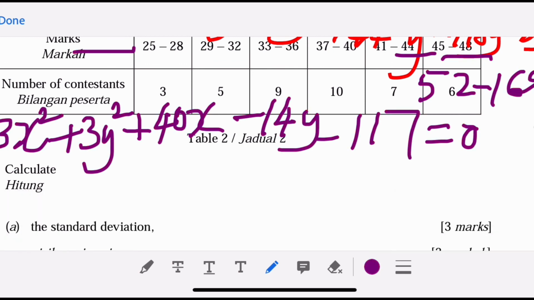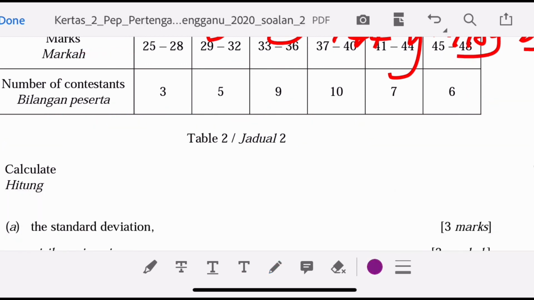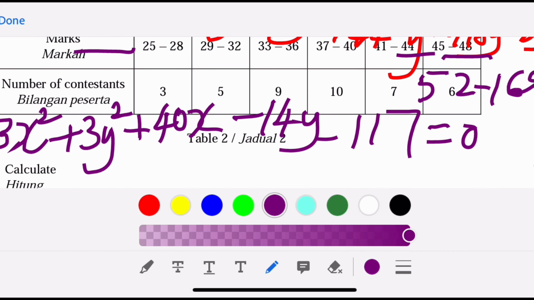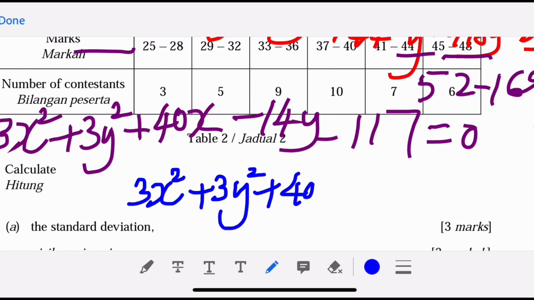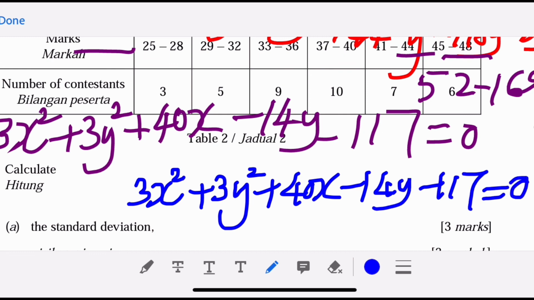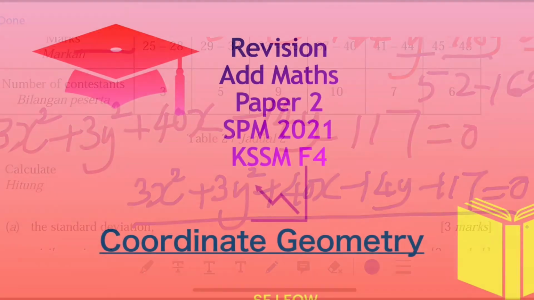When it is an equation, you have to equal to a value, which is 0 at the right hand side. So again, my final answer is 3x squared plus 3y squared plus 40x minus 14y minus 117 equal to 0. Be careful when you do the locus equation.